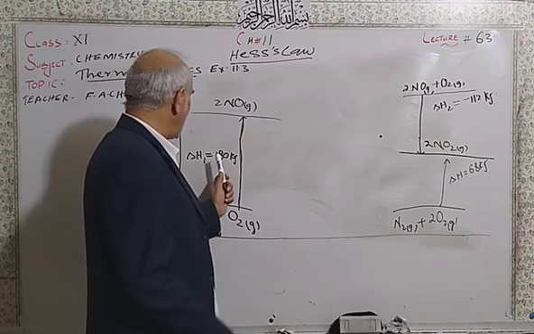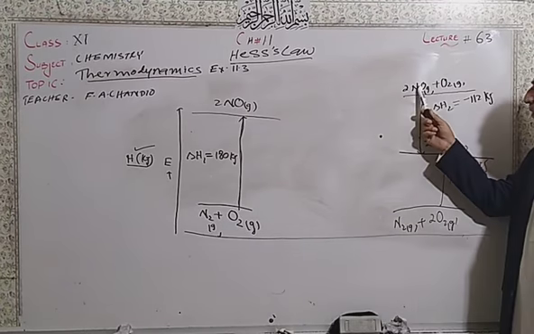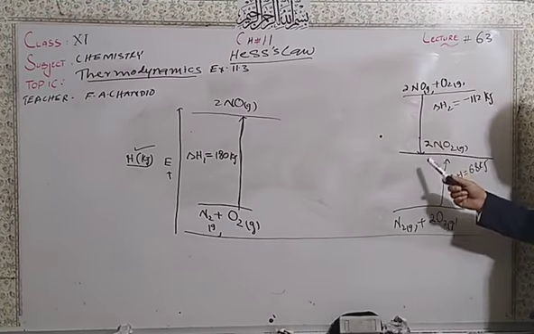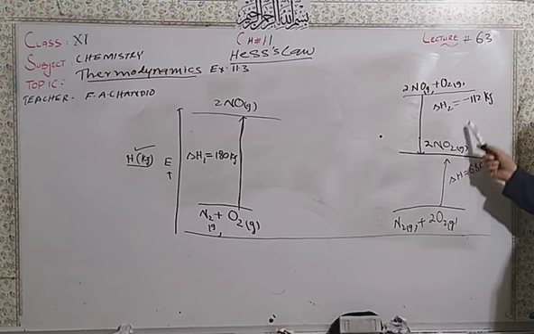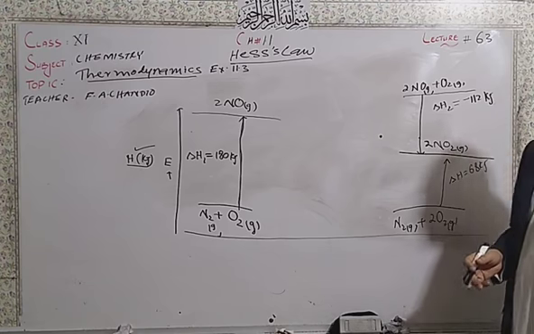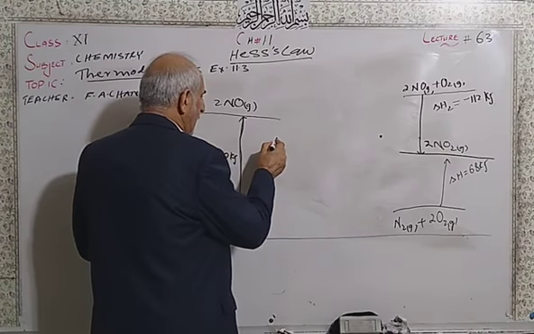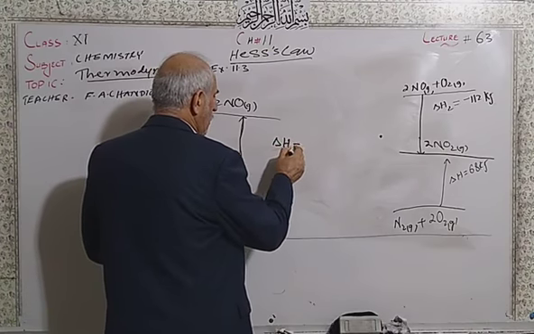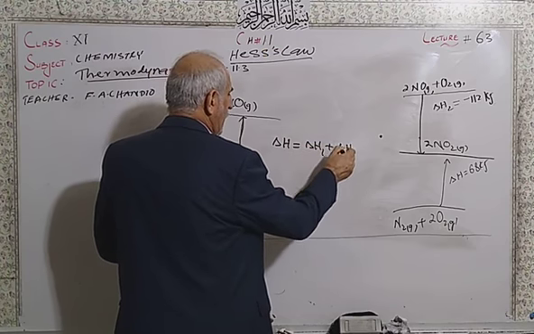Then delta H2: the 2 moles of nitric oxide and 1 mole of oxygen form 2 moles of nitrogen dioxide. So this is the final product, and this process is an exothermic reaction. That is why delta H is equal to delta H1 plus delta H2.